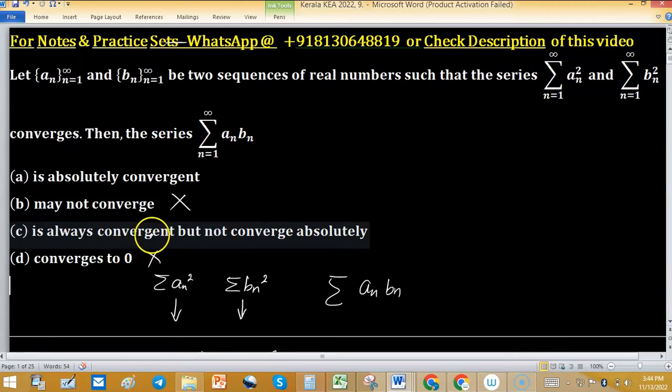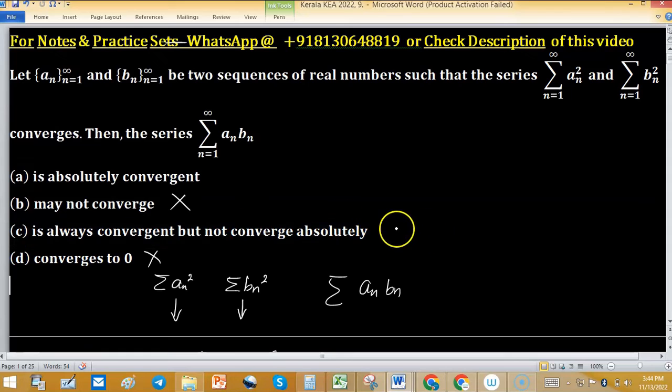Now, if these are positive term series, then it converges absolutely also. So option C has been discarded. Now the remaining one is true because this question is based on the MCQ pattern. That's why option A is correct.